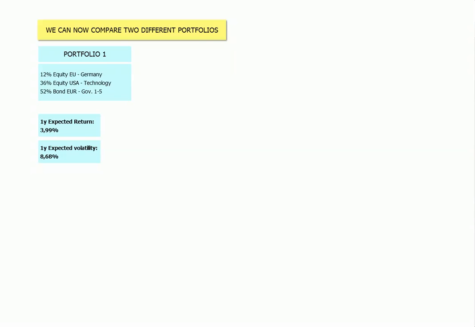We can now compare 2 different portfolios. Portfolio 1: 12% equity Germany, 36% USA technology and 52% European govies 1 to 5 years. 4% 1-year expected return and 8.68% expected volatility.